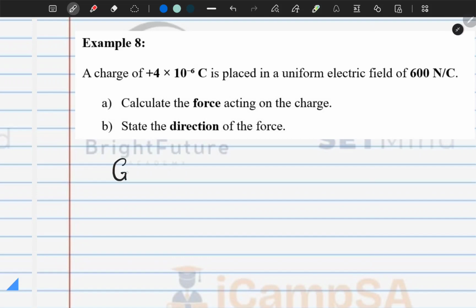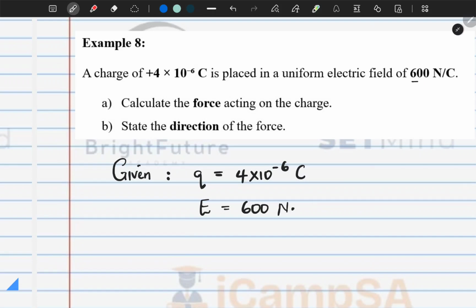So basically we're given the charge Q. We use smaller q in this case, and it's 4 times 10 to the power minus 6 coulombs. And then the electric field is given as 600 newtons per coulomb.